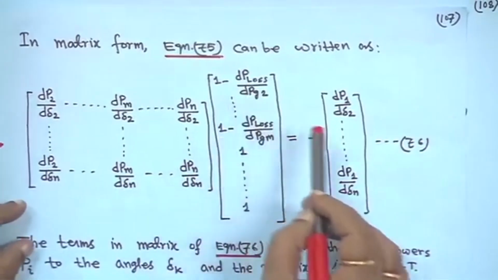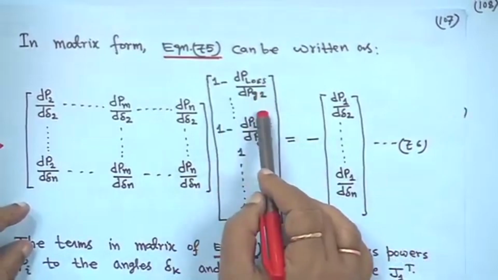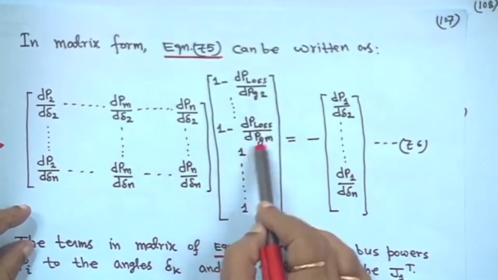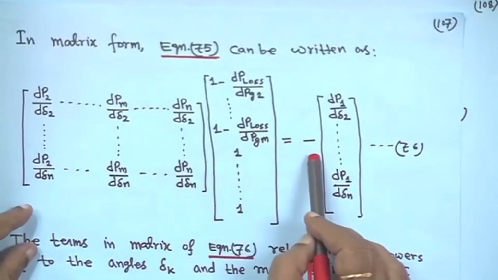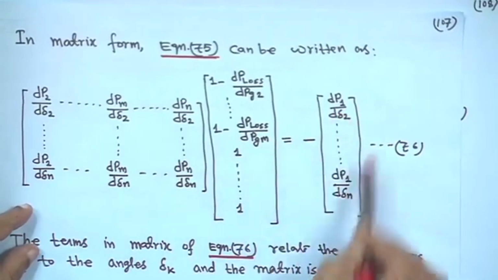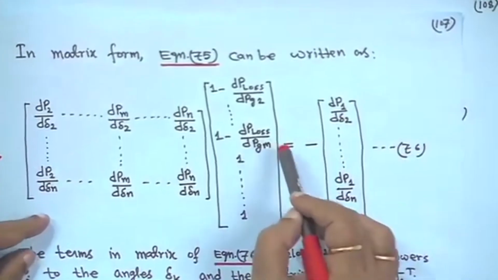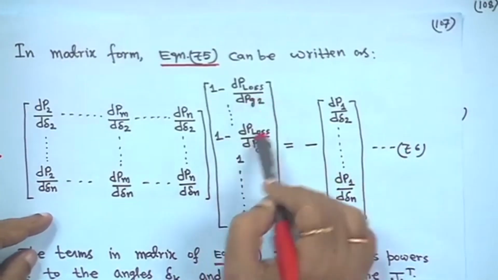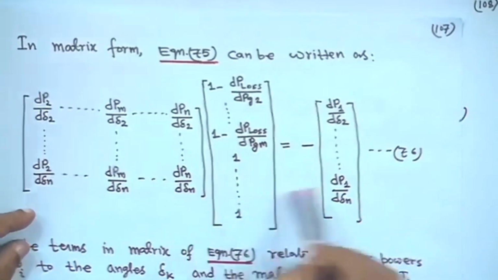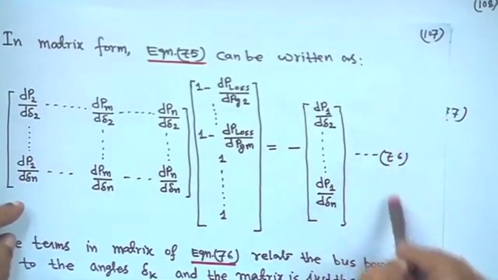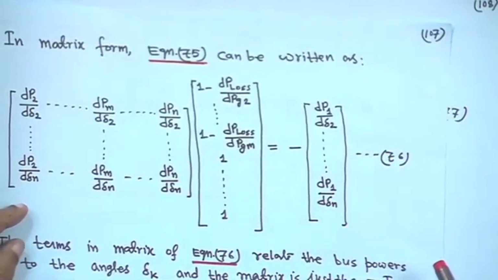Then what will happen: 1 minus dPloss upon dPg2, then 1 minus dPloss upon dPgm, up to this, is equal to minus J1 transpose inverse into this one. So, a column vector will come, and from that you will find 1 minus dPloss/dPg2 up to the m number of generators, and on the right hand side also that column will be 1 1 1, right.